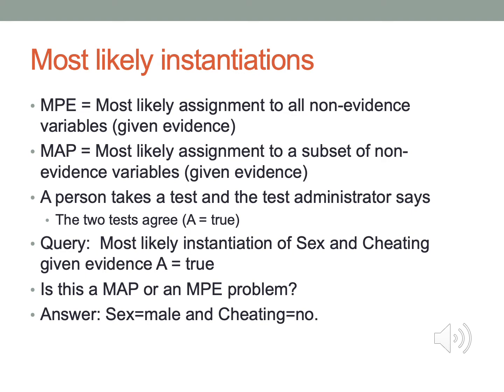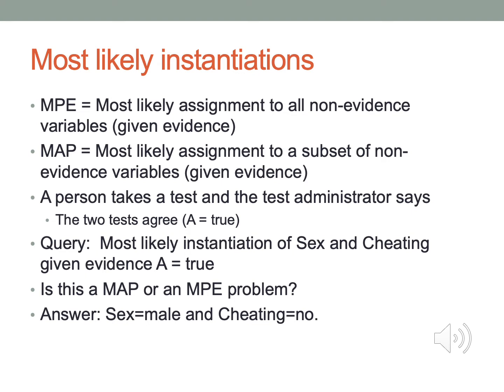This is because this problem requires an assignment to only 2 of the 4 non-evidence variables. And since we need an assignment on a subset, it's an instance of a MAP problem as compared to an instance of the MPE problem.